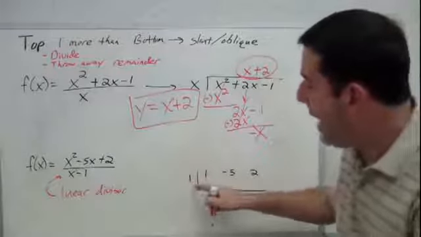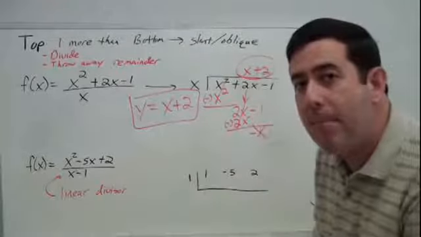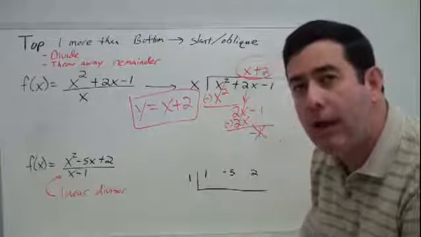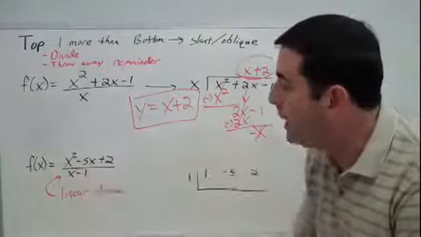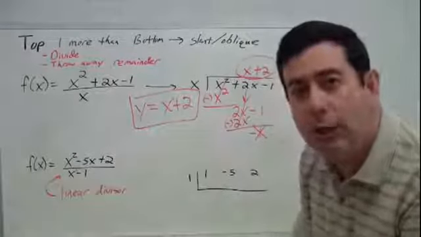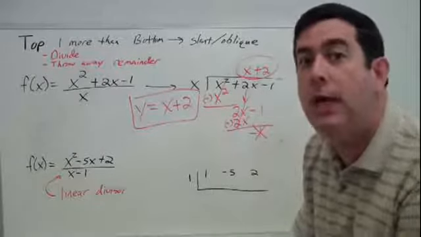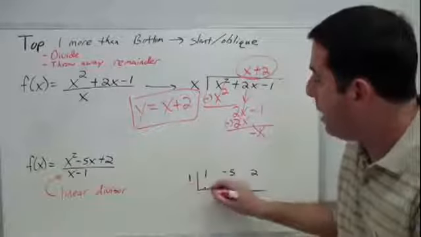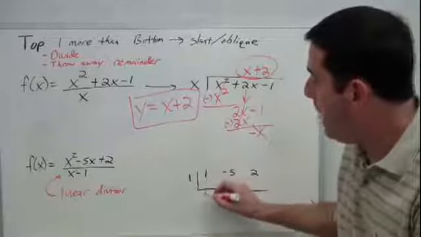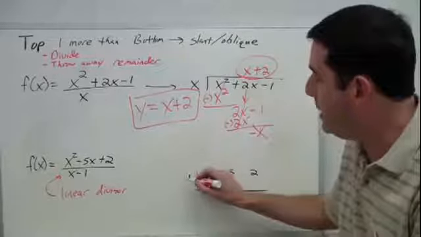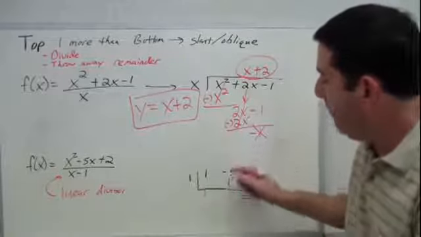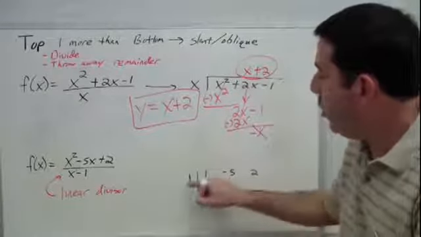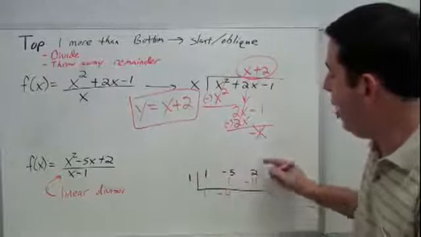On the outside, the thing I'm dividing by is our divisor set equal to 0 and solved. If you took x minus 1, set it equal to 0 and solved, you would get 1. This is what I'll divide by. Bring down our first number. Now multiply diagonally. 1 times 1 makes 1. Vertically I add. -4 times 1 is -4.